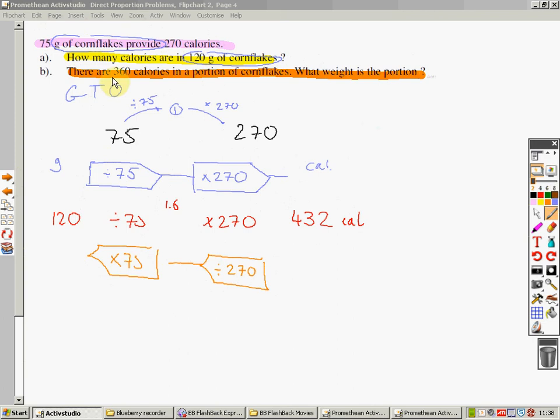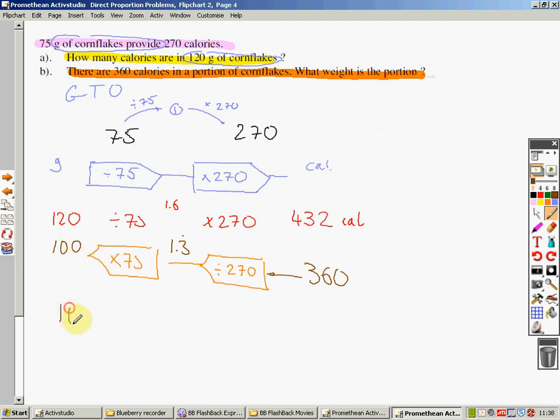I was told it was 360 calories, so it's 360 fed into the machine, divided by 270 is 1.3 recurring. 1.3 recurring times 75 equals 100. So my answer is, it's a portion of 100 grams.